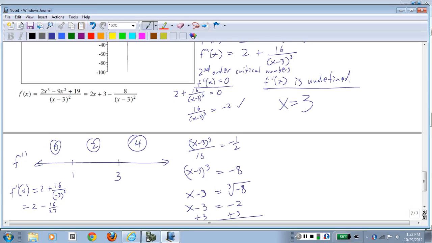The exact value is not a big deal, but 54/27 minus 16/27. What's 54 minus 16? 38. 38/27ths. That's positive. So it's positive there. Concave up.